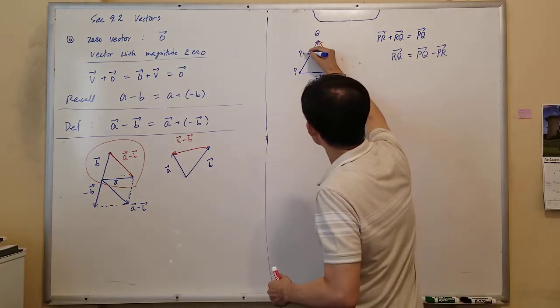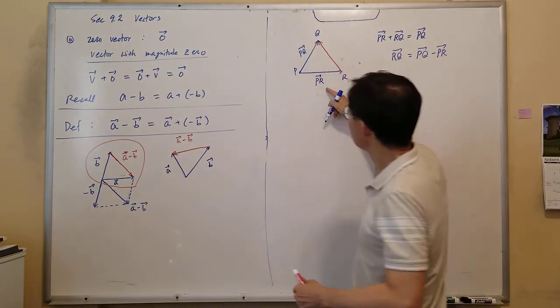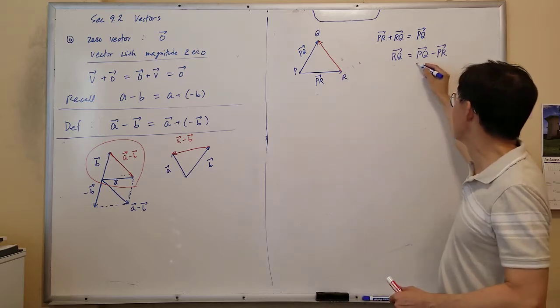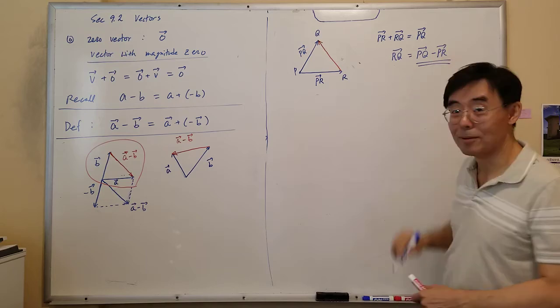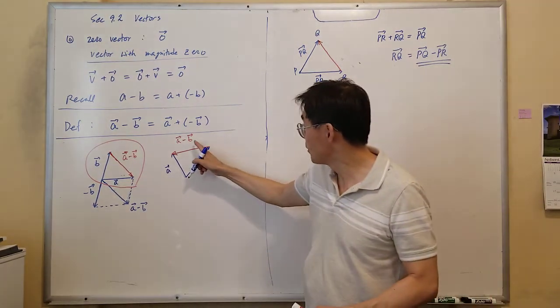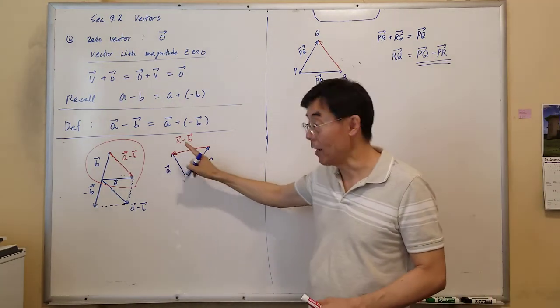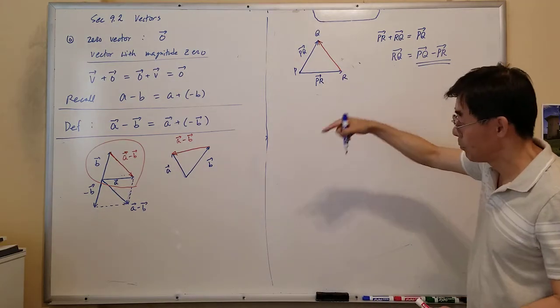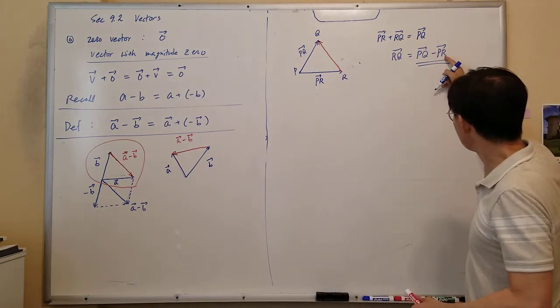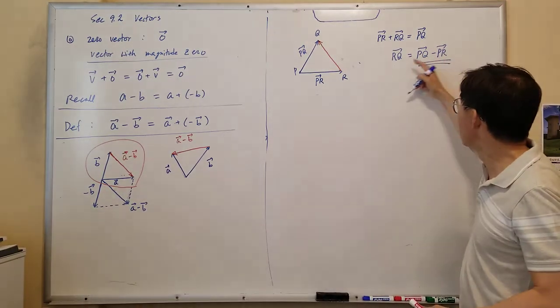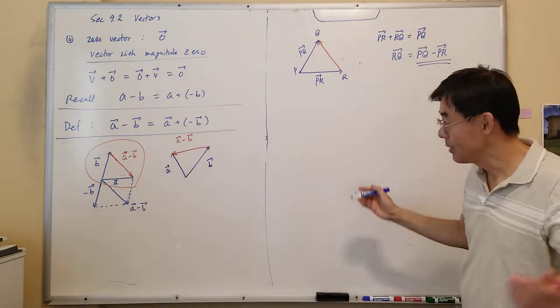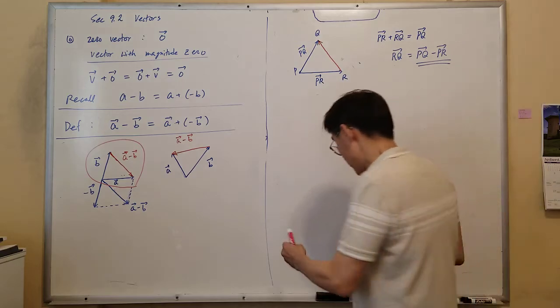PQ vector minus PR vector is R to Q. Same thing: from the tip of the subtracting vector toward the tip of the subtracted vector, R to Q. Alright, same thing.